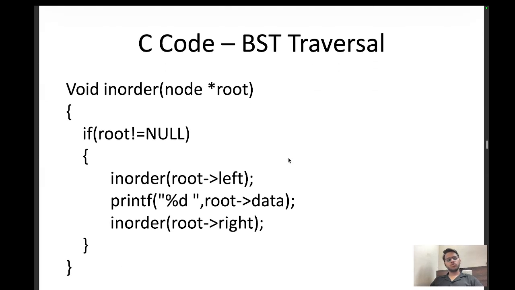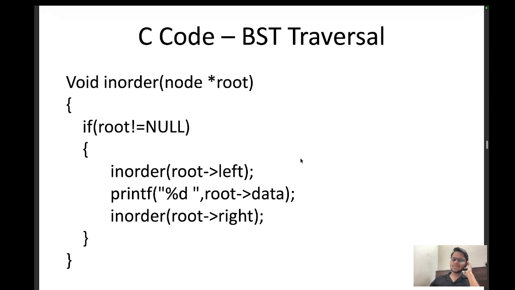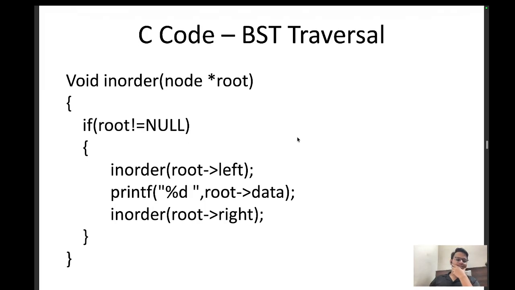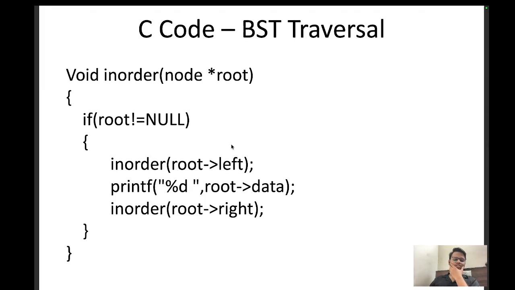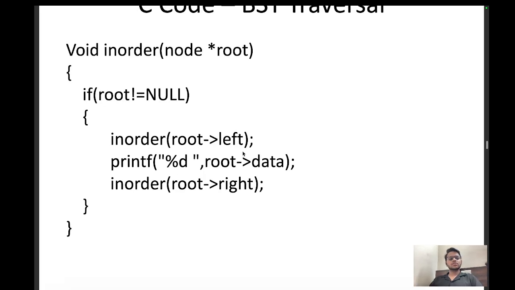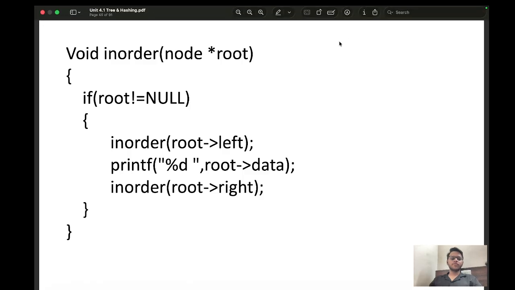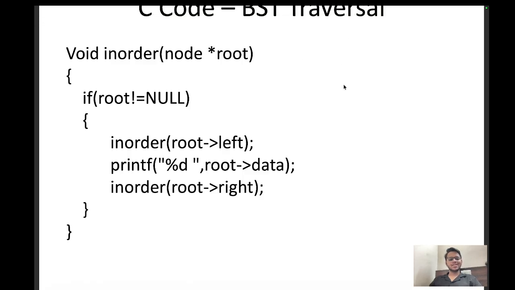Correct. Now if we look at the C code by which we can implement these traversals, it is like this. We have made a function named void inorder, and in this inorder function you have to pass one parameter, which is node, which denotes the root or the node from which you want to traverse the tree.